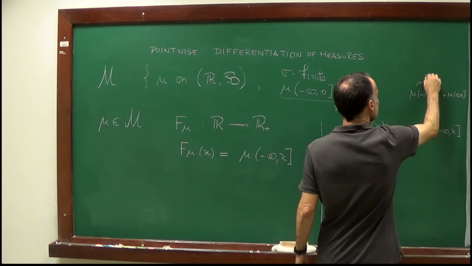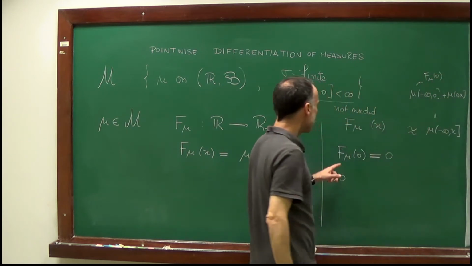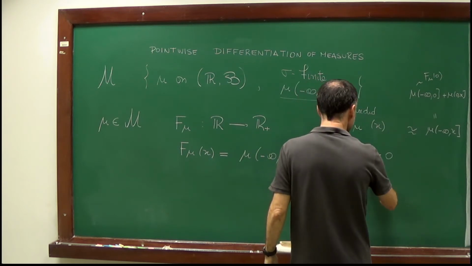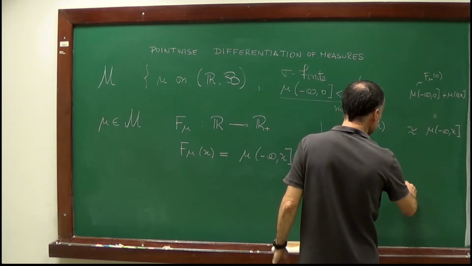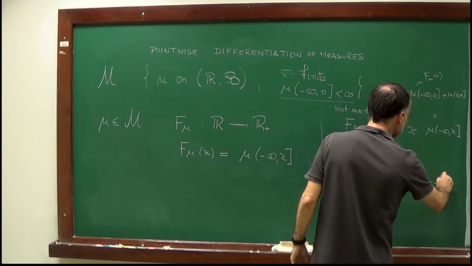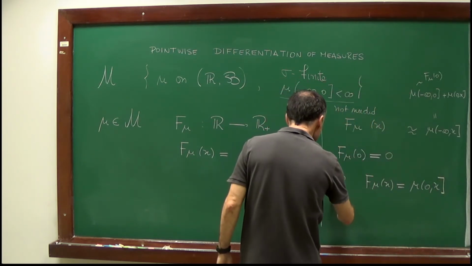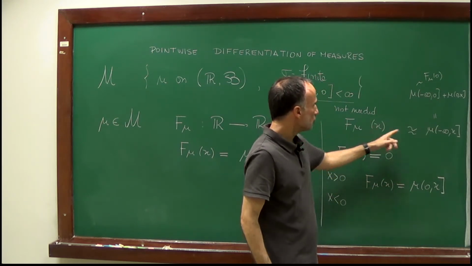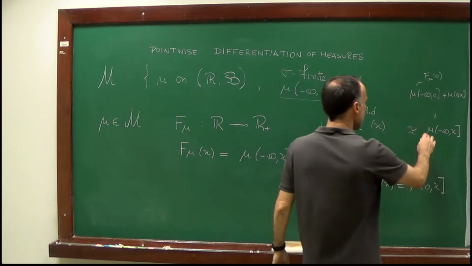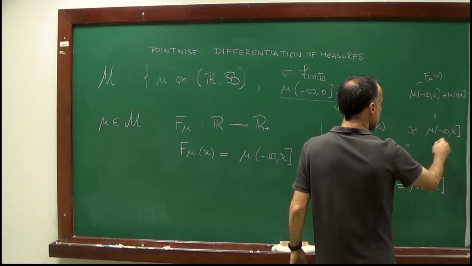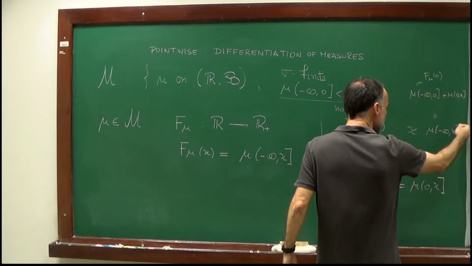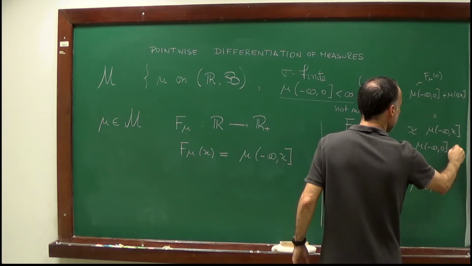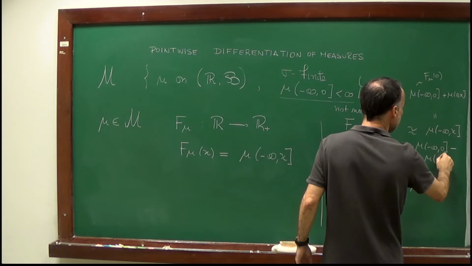Well, that would represent f mu of 0, but I set f mu of 0 to be 0, so this expression is 0, and therefore I will define f mu of x to be mu of 0 x for x positive. And if x is negative, well, again, I want f mu to represent this expression, but I can write this expression by adding the interval x 0, so I will write that as mu of minus infinity 0 minus mu of x 0.